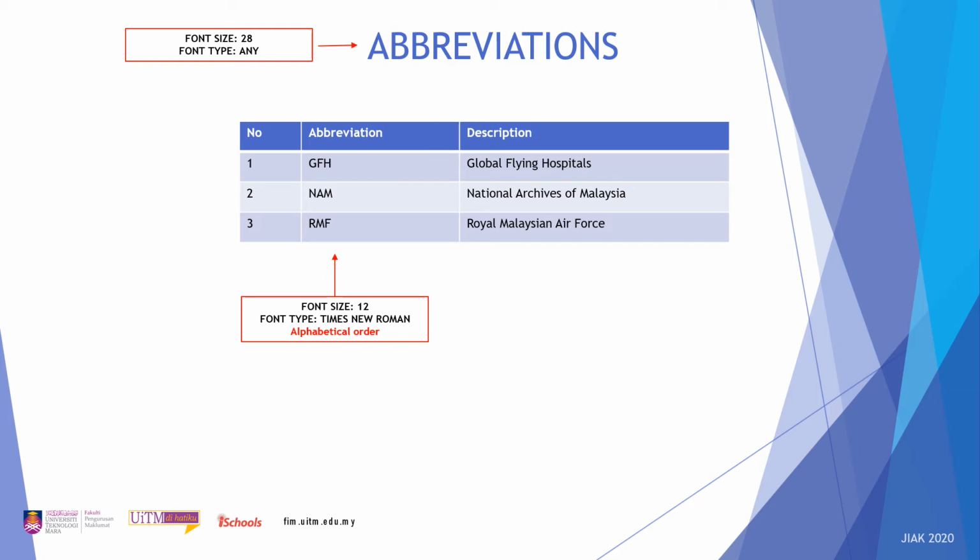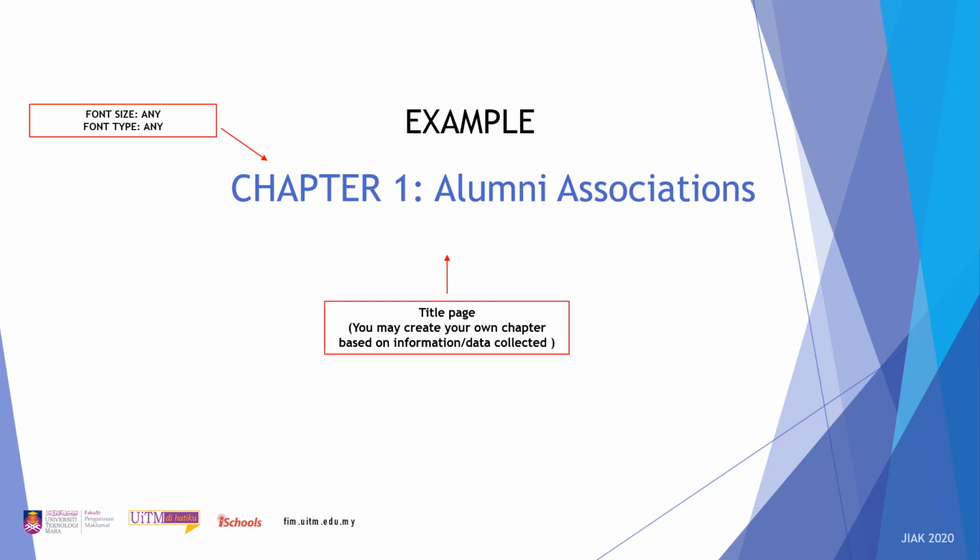Okay, so next. It is compulsory for all groups to provide at least 5 chapters in their Finding Aids book. As you can see here, this one is an example for a school in Malaysia. I give the example of this topic, which is alumni associations.